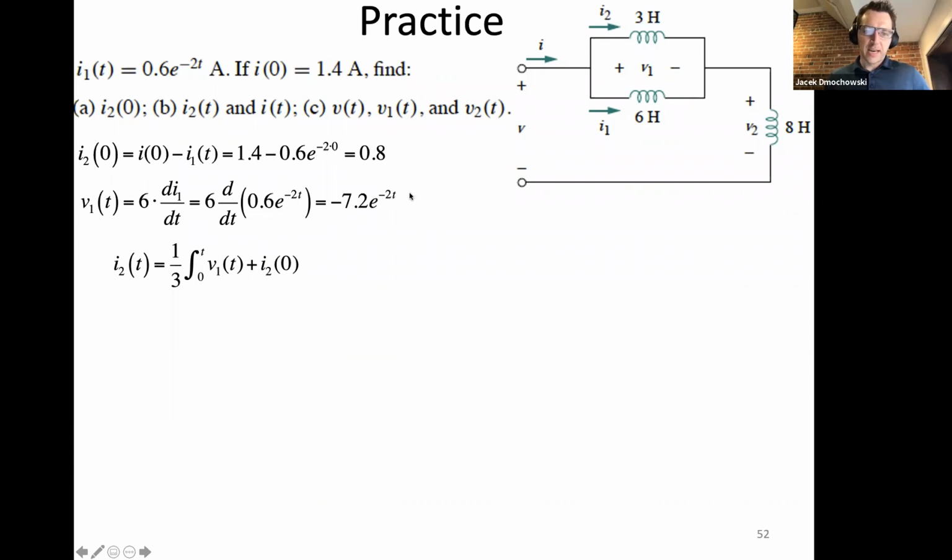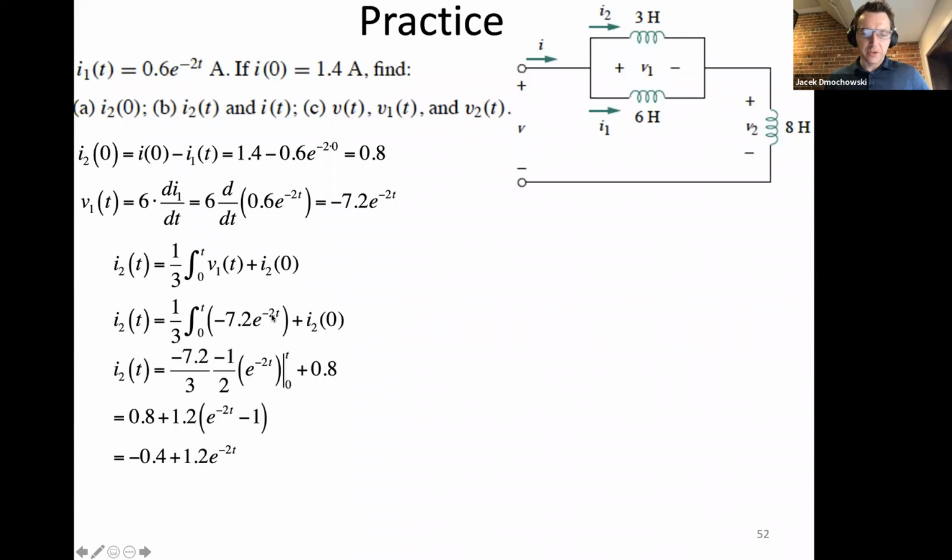Let's put this into the integrand and evaluate. The constant will come out in front of the integral, then you get a division by negative 2. Add your integration limits, which here are just t and 0. The 0.8 here corresponds to our initial condition. We said that initially the current I2 is equal to 0.8.